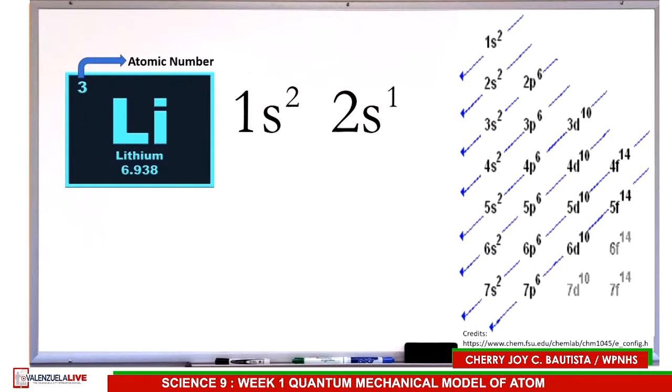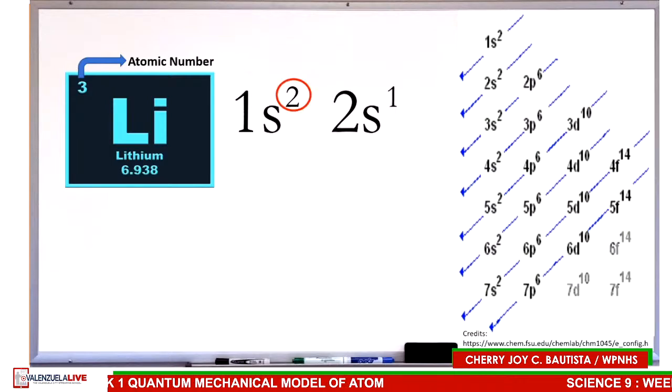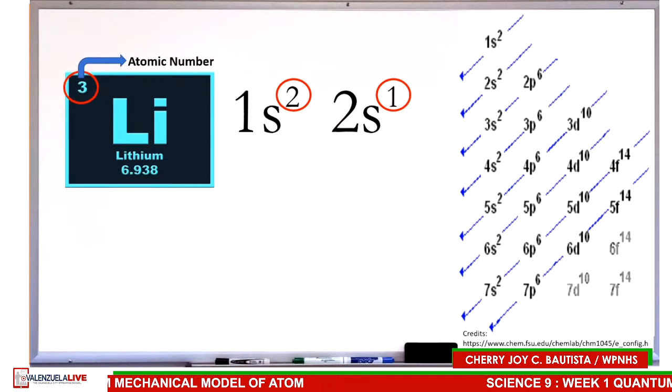Now let's try to get the electron configuration of lithium. Following the mnemonic device, we have 1s2, 2s1. 2 plus 1 equals 3. Next, the orbital diagram for lithium is this.